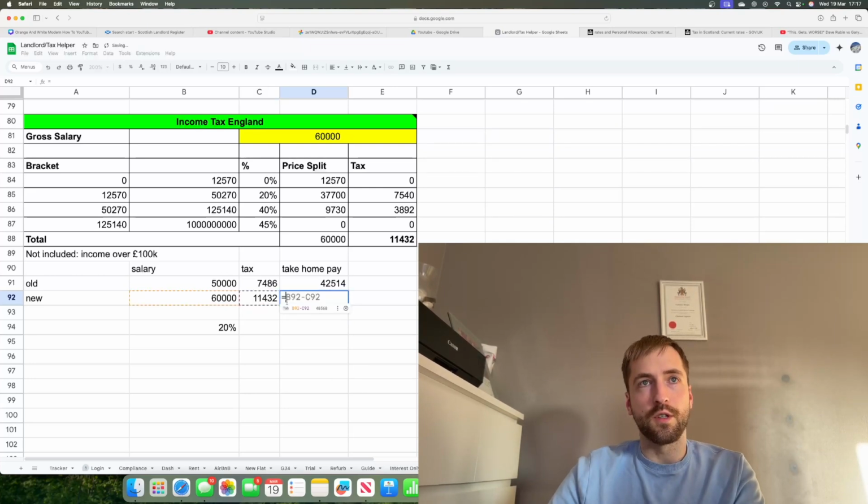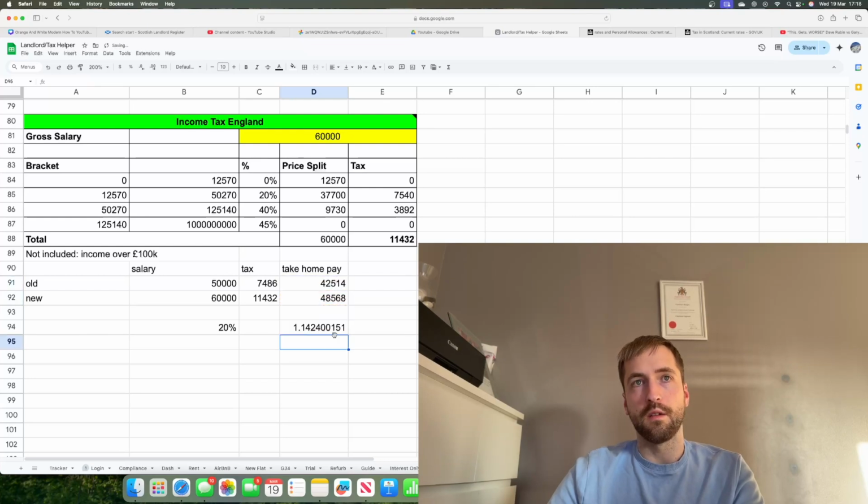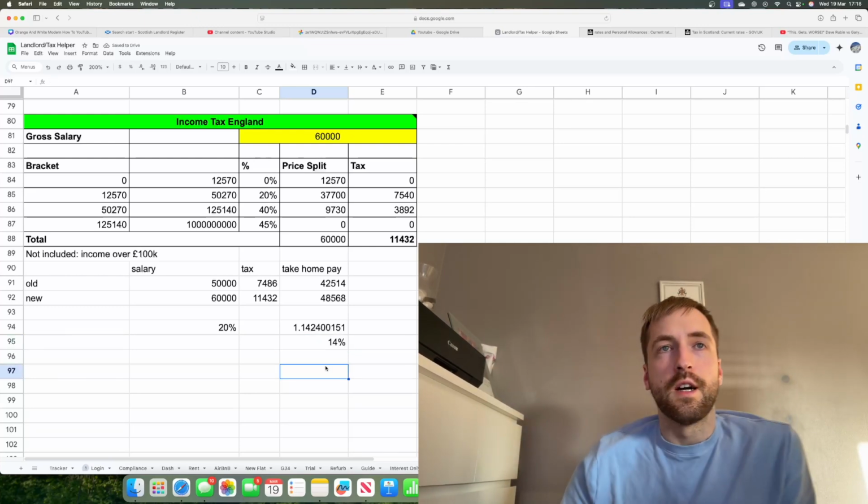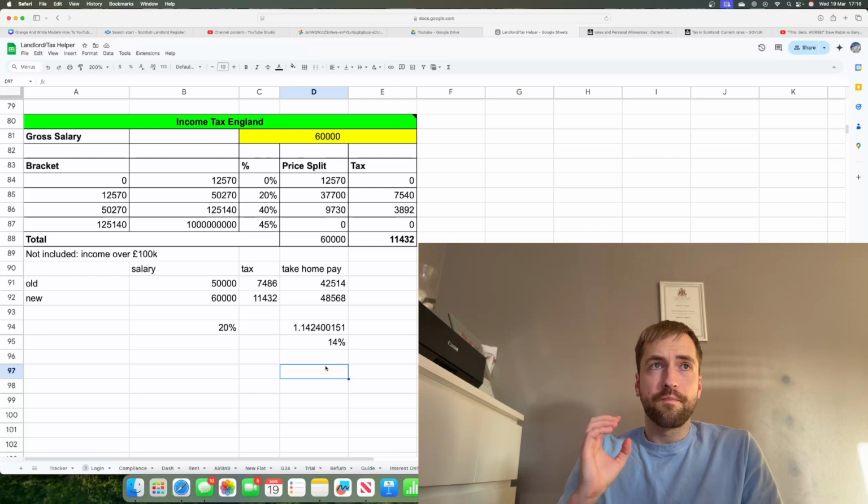So therefore your take-home pay is exactly that, £48,568. So you've gotten a 20% pay rise by working hard. However, your actual take-home pay rise is 14%. So that's obviously just an example.